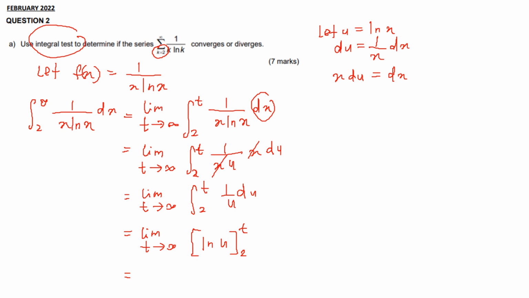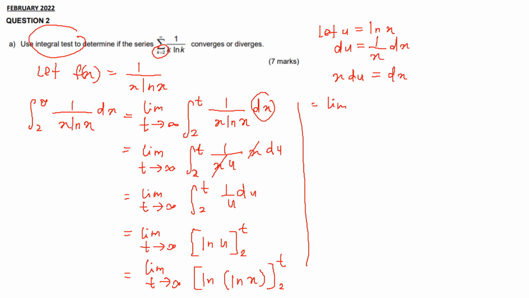Then you have to substitute the function for u: ln u is ln x, from 2 until t. Then you substitute back, limit t approaching infinity. You have to expand this one, substitute t and 2 to solve the integral.